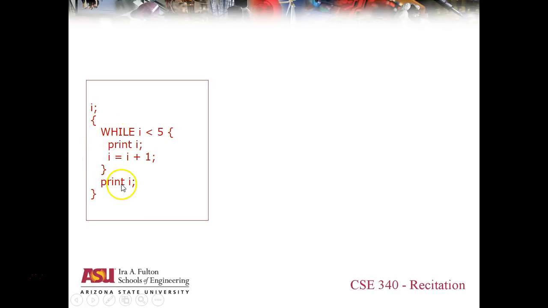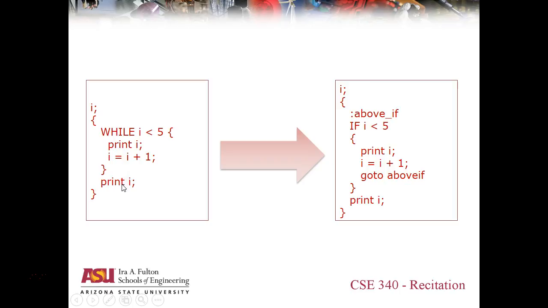Now, this code, at a pseudocode level, looks like this. You have this label above if, that's where we're going to go back to. If I is less than 5, then print I plus 1, go to above if, it goes to here, does that several times, and then it kicks out, hits the else basically, or the false, and then goes to here.